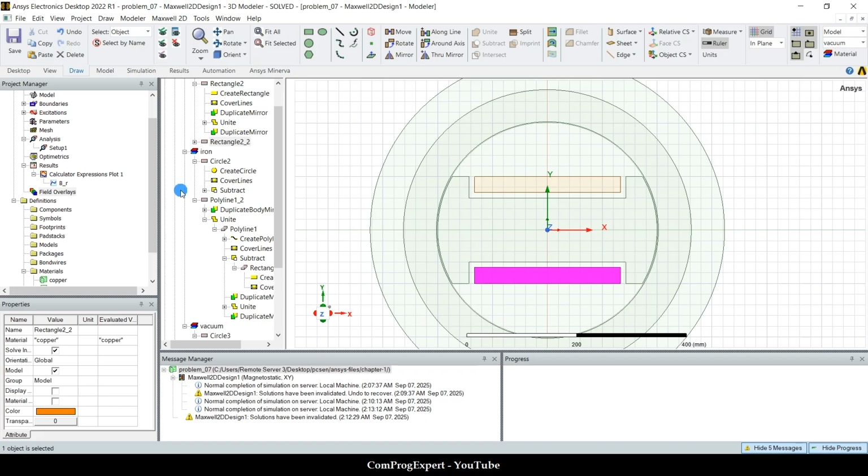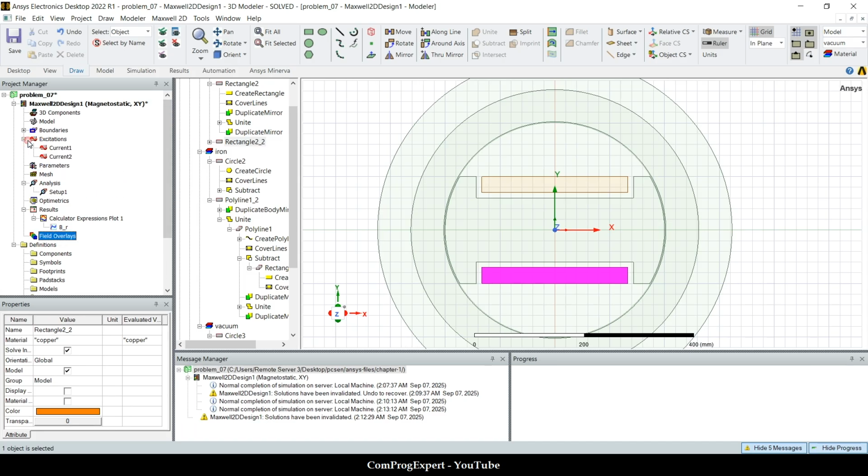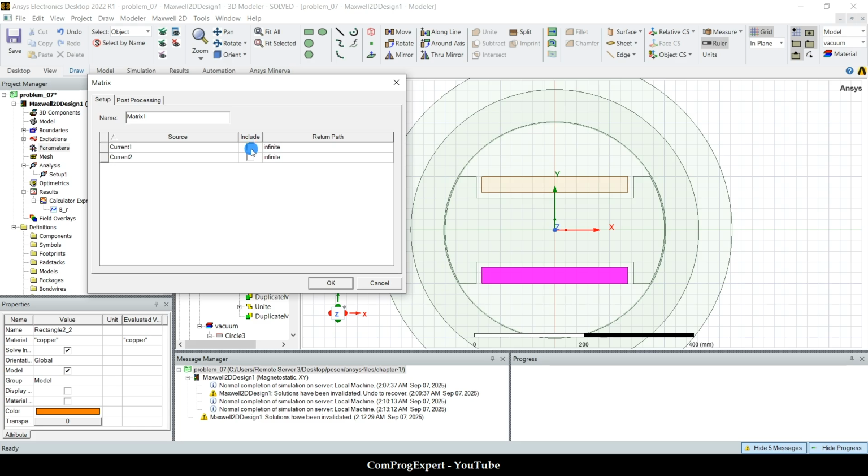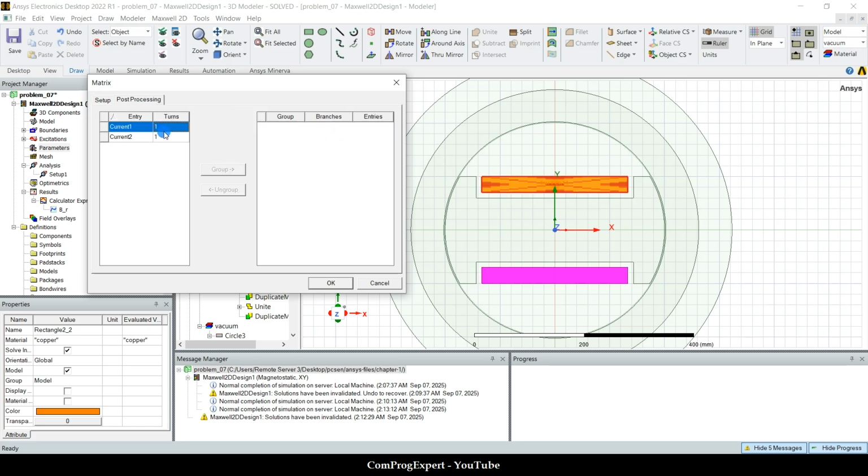In ANSYS Maxwell, to calculate the flux linkage, you need to define one excitation matrix here. So I define this matrix. This matrix has two coil arms. I select these two. The number of turns is equal to 500 for this region and this region. Then we can select these two and group them.